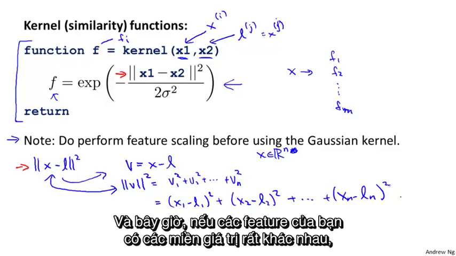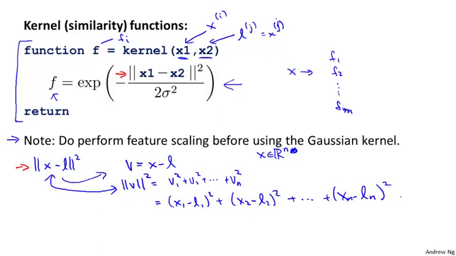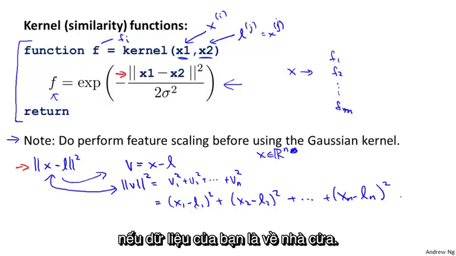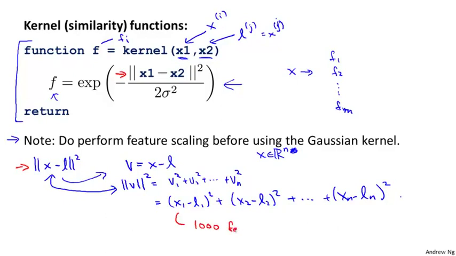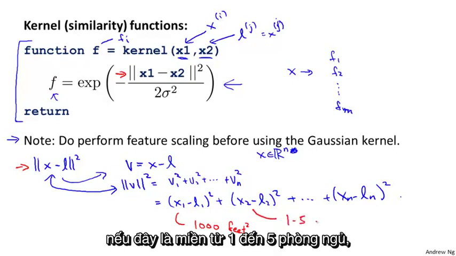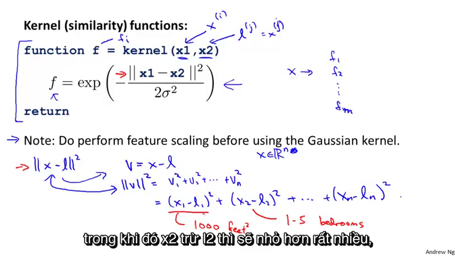And now if your features take on very different ranges of values, so take a housing prediction example, if your data is some data about houses, and if x1 is in the range of thousands of square feet, but your second feature x2 is the number of bedrooms, so if this is in the range of 1 to 5 bedrooms, then x1 minus l1 is going to be huge. This could be like 1,000 squared, whereas x2 minus l2 is going to be much smaller.